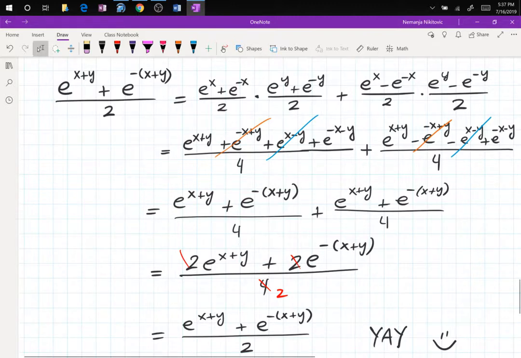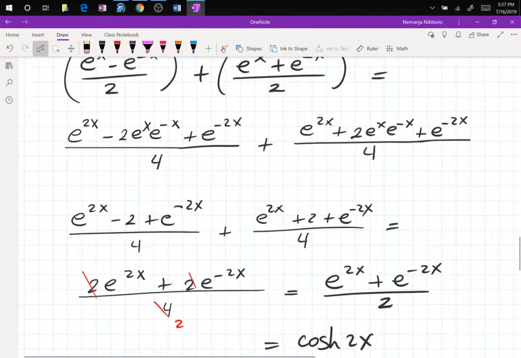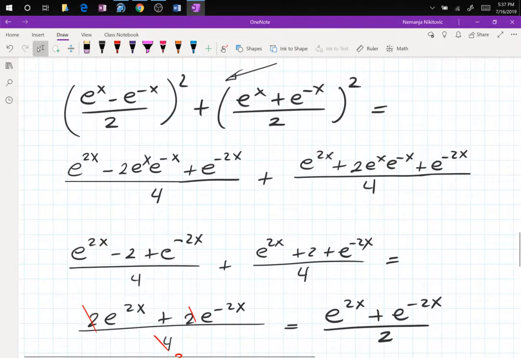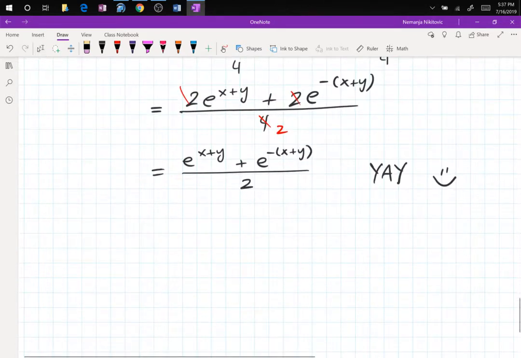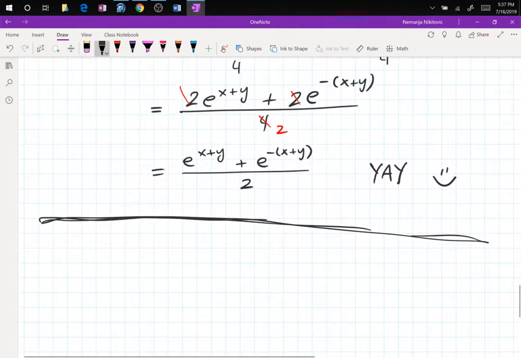So we have seen the basics of this, and now we have 6 hyperbolic inverse functions, which you get when you swap x and y and then solve for y again.